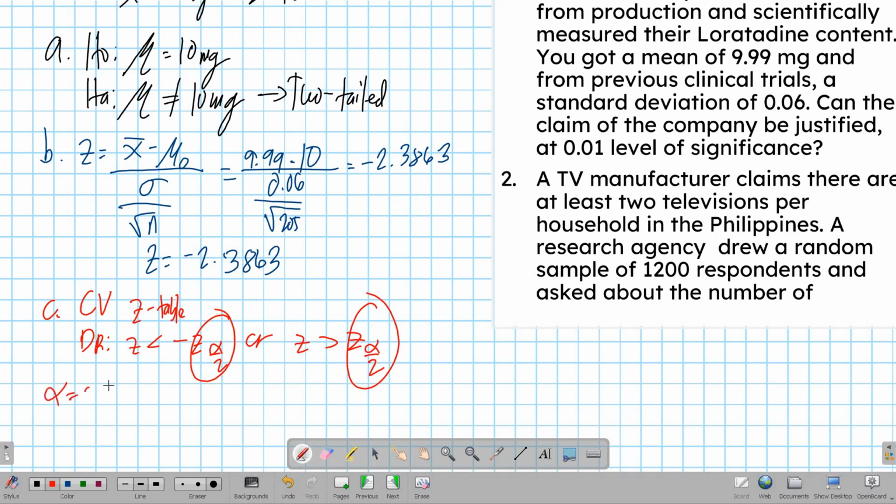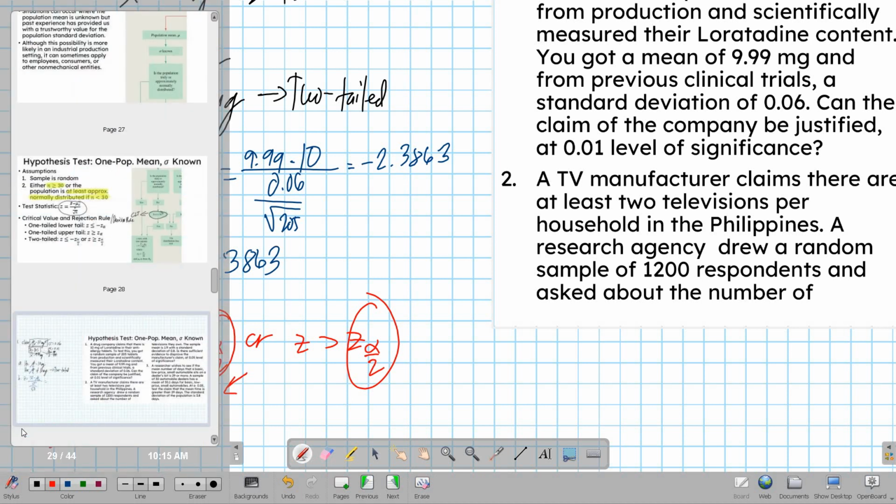The given alpha is 0.01. So we divide it by 2. Therefore, we're going to get an alpha over 2 of 0.005. So now we need to go to the Z table and check which area has an area of 0.005.